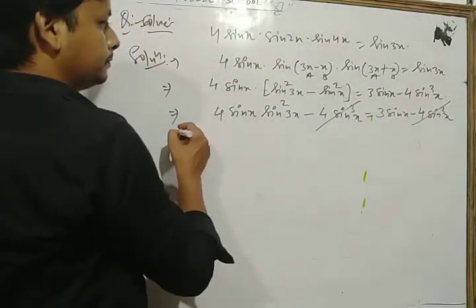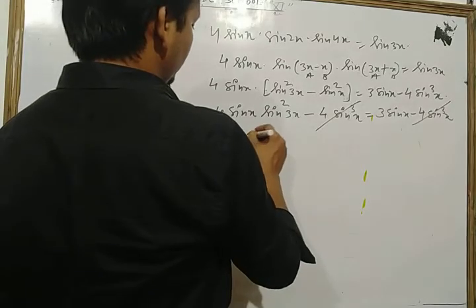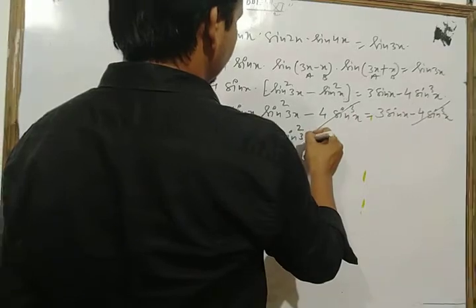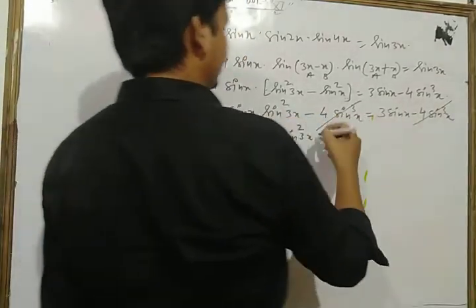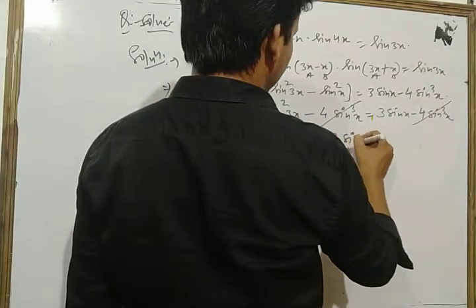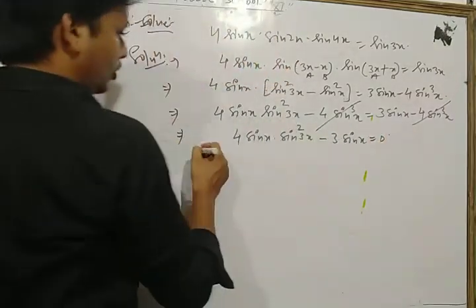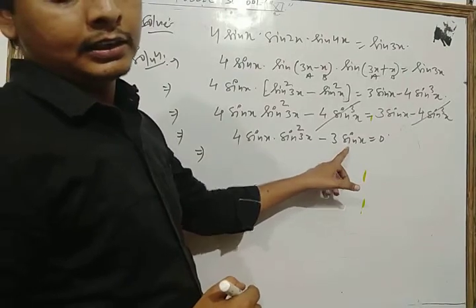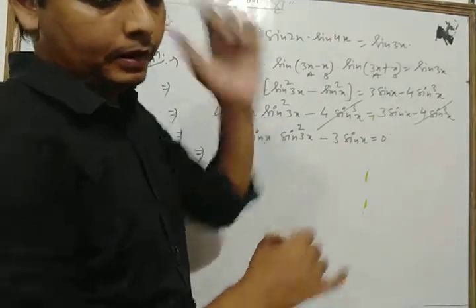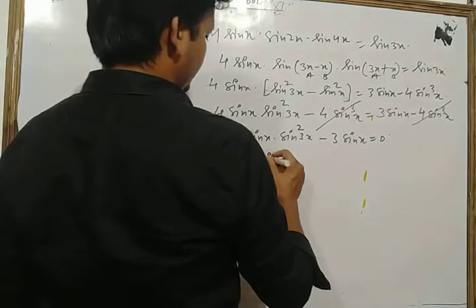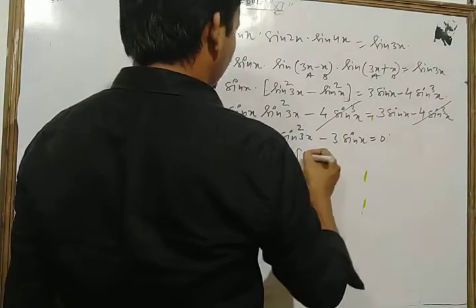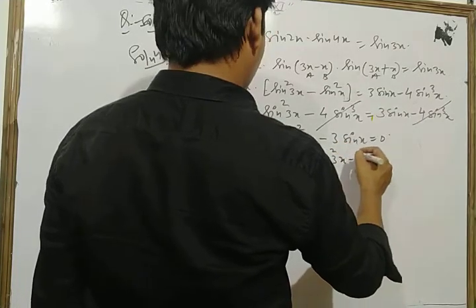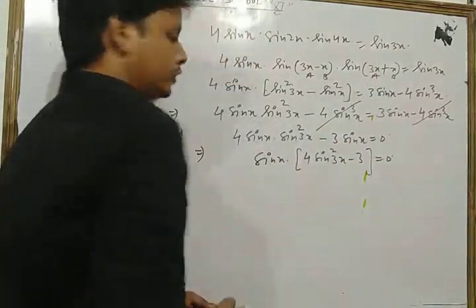Now we get 4 sin x into sin²3x, 3 sin x transferred to that side, minus 3 sin x is equal to 0. Now we take sin x as common. So we get sin x into the bracket is equal to 0.